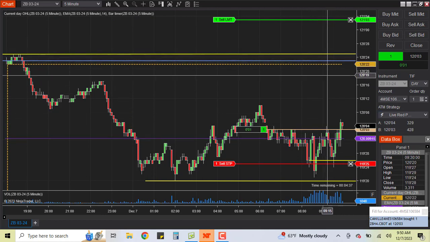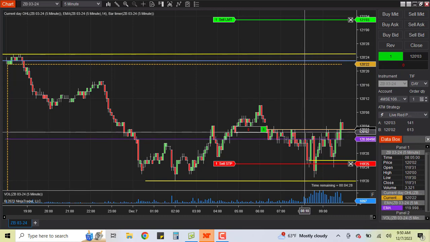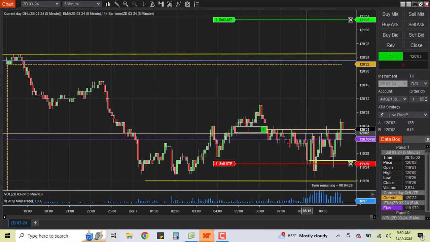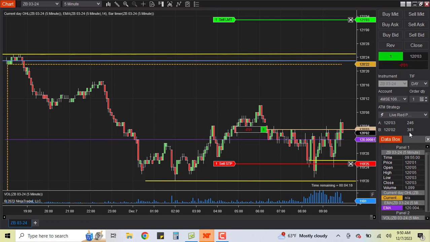This is the worst thing I could have possibly done. I just moved my buy position into pretty much a resistance area, because this is where the resistance was. It only closed slightly above this, but in no way, shape, or form is this an area to be buying at.